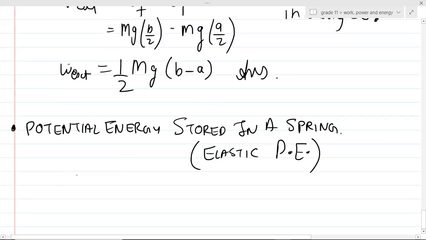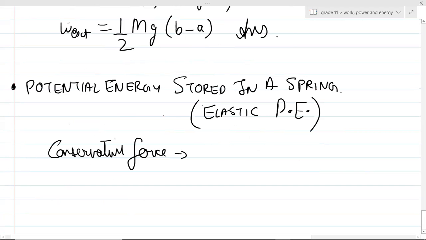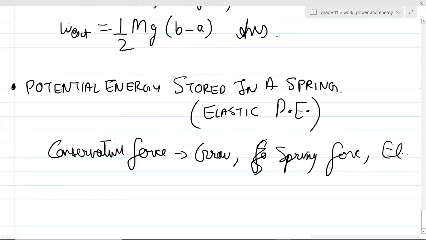Always remember, just like whenever I told you conservative force, right? Conservative forces were those forces which were not dependent upon the path. It was only dependent upon the initial and the final position. The work done didn't depend upon the path, right? So basically, the gravitational force, the spring forces, the electromagnetic forces, all of these are examples of what? Conservative forces. So we are talking about this particular force because of spring related thing, right?